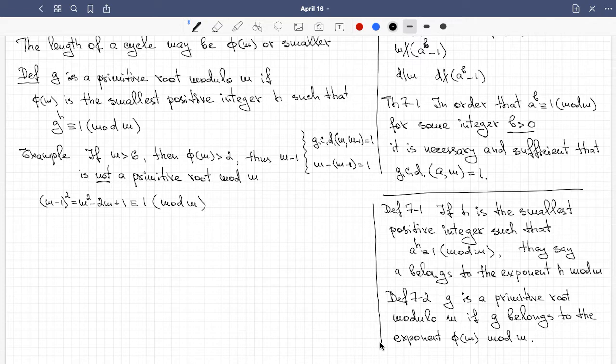The most illuminating property of being a primitive root is theorem 7-3.